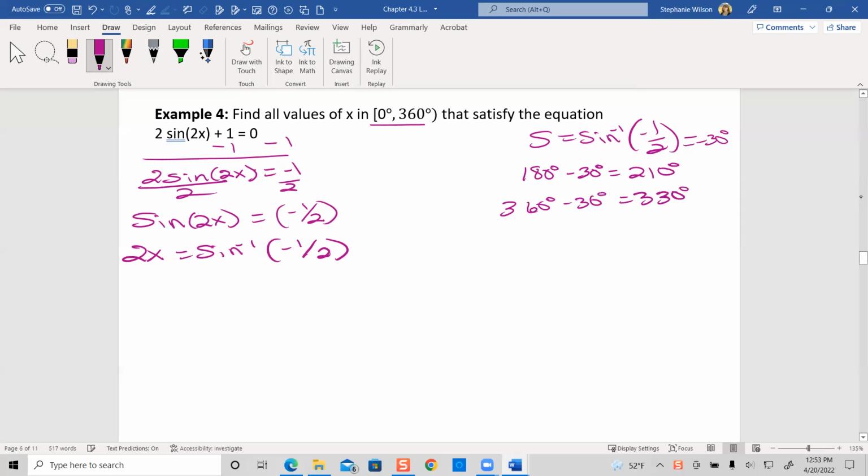So that tells me what we're working with. Now when I want to find the equation that satisfies it, I'm going to take that 2x equals the angle plus k times 360 degrees. And we're just going to plug in these two that we found.